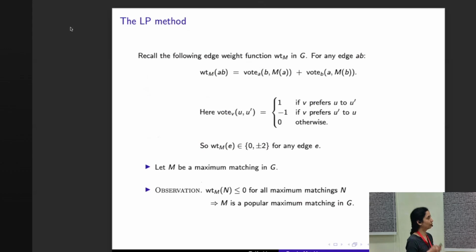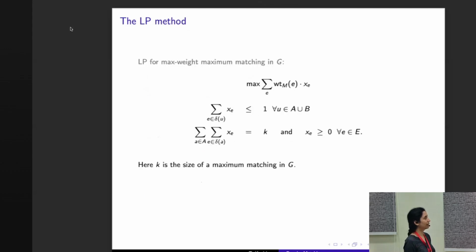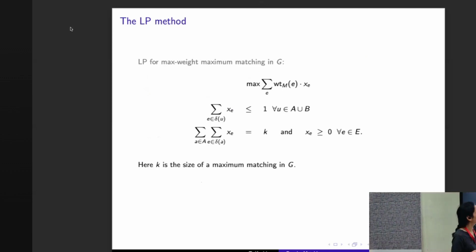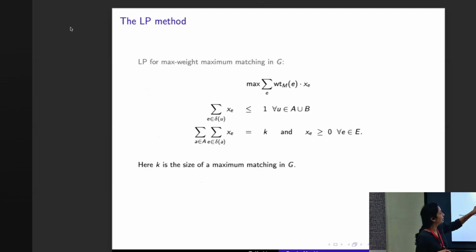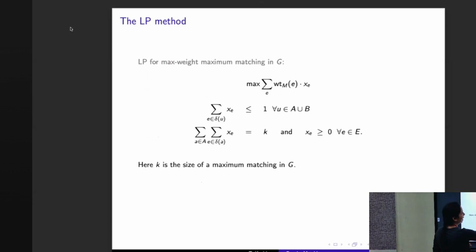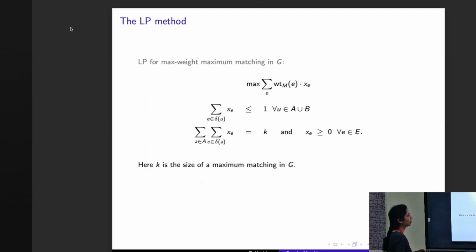So let's go back to writing LPs. Let's write the linear program for maximum weight maximum matching. There are two maximums here. So we are not insisting on a perfect matching. I have not put any self loops here, if you have observed. Every vertex can be matched along at most one edge, that's this constraint, and we are interested only in maximum matchings. K is the size of a maximum matching.